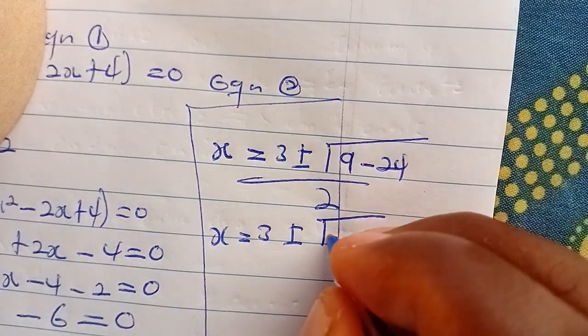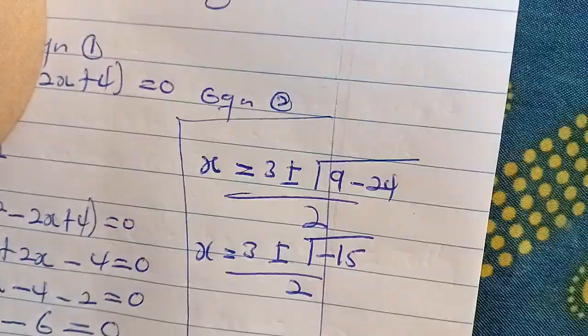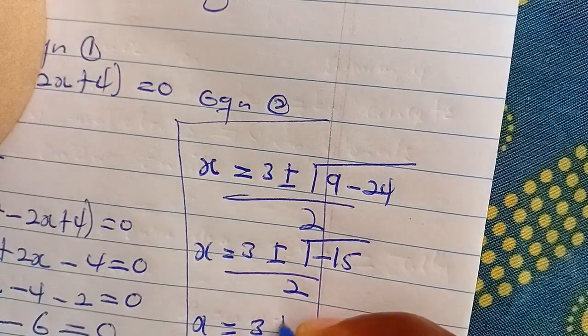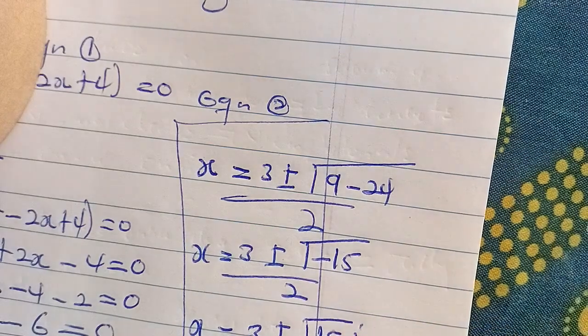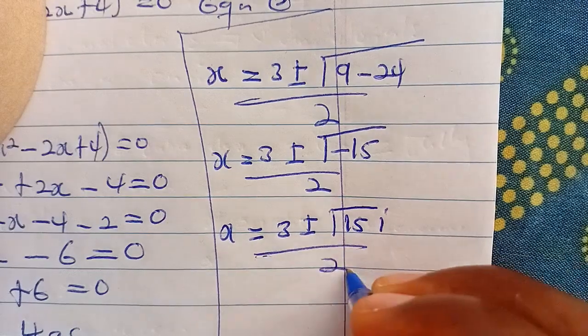So you're going to have the square root of minus 15, all over 2. So this gives us x is equal to 3 plus or minus root 15i, all over 2.